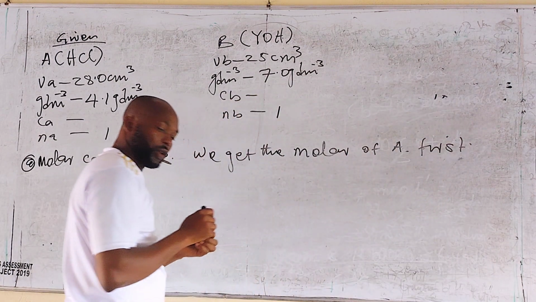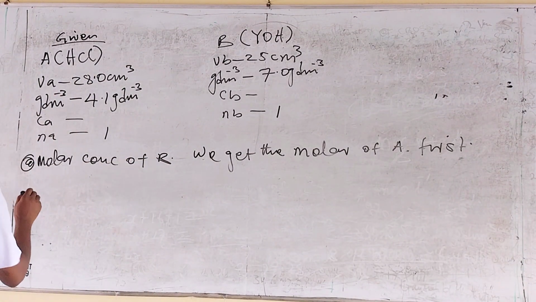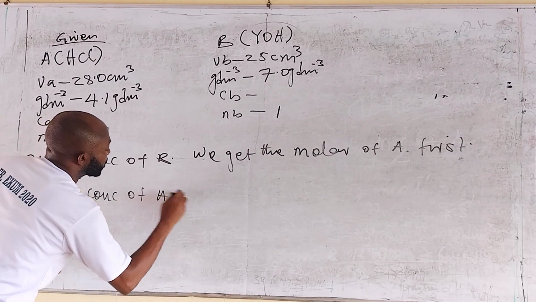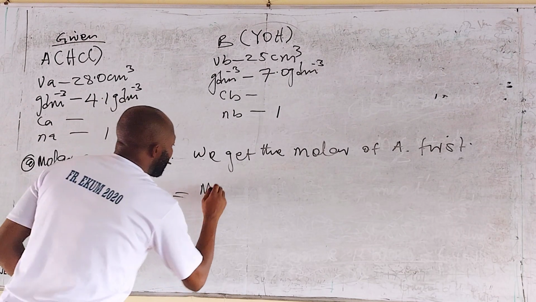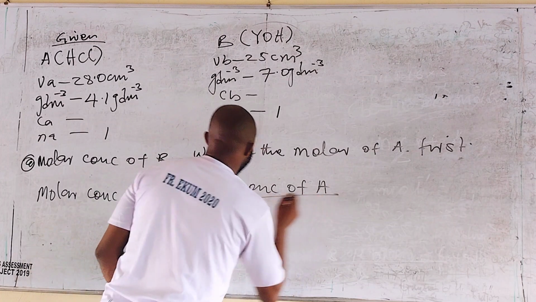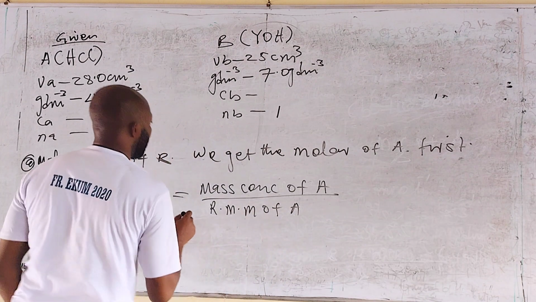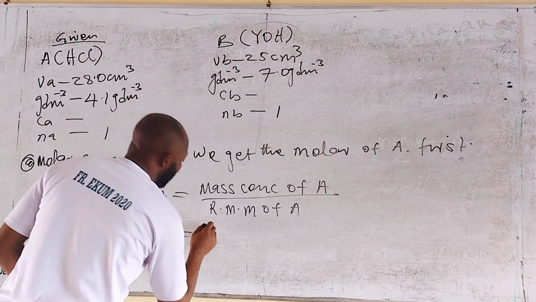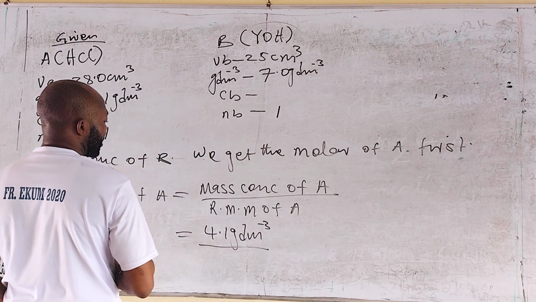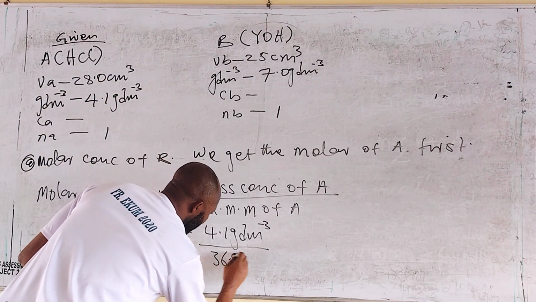The molar concentration of A is equal to mass concentration of A over relative molecular mass of A. Mass concentration of A is given to be 4.1 g/dm³, over the relative molecular mass of A, which is 36.5 g/mol.